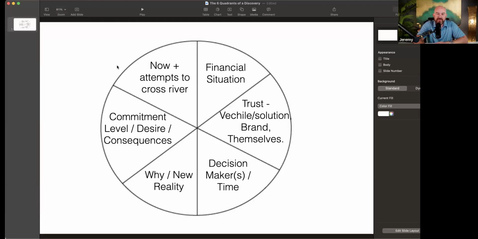If you feel like in your first 5 minutes or so that they're not even in a position to continue on, I know it doesn't necessarily have to be linear or in order, but if you get the feeling in the first quadrant that it's just not the right fit or not the right time, do you go ahead and ask some of the other questions to kind of confirm that?